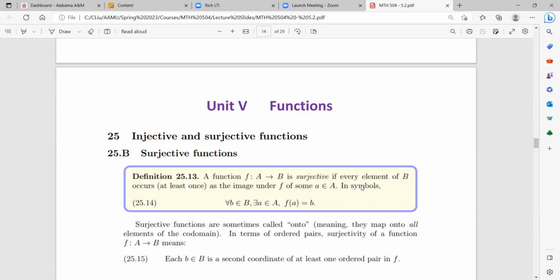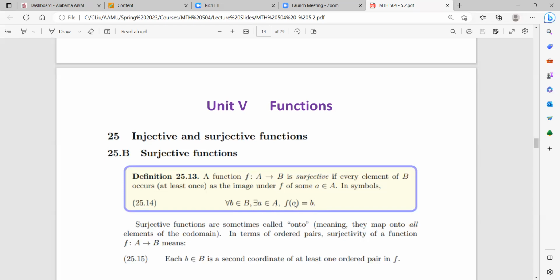So in symbolic logic, we write for any arbitrary element in the codomain, we say this b, there exists some element a in the domain such that f(a) equals b.